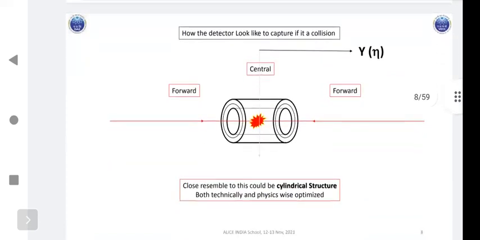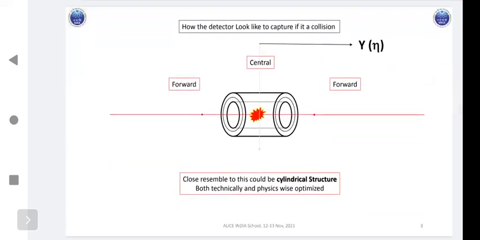So this is the practical close resemblance to this spherical cell when you have a collision of two oppositely moving beams. By this cylindrical cell, you will cover all 4 pi directions. Also, it will be a little bit easier to support them. Since the end parts are open, you can have electronics or other mechanical arrangements coming out from there, or if you have some connections that need to be taken out, they can be taken out from the top or bottom, and so on.